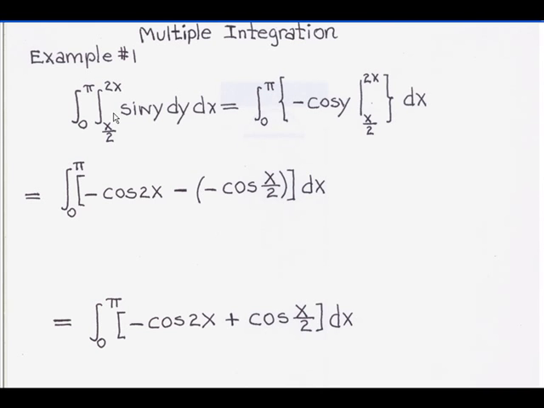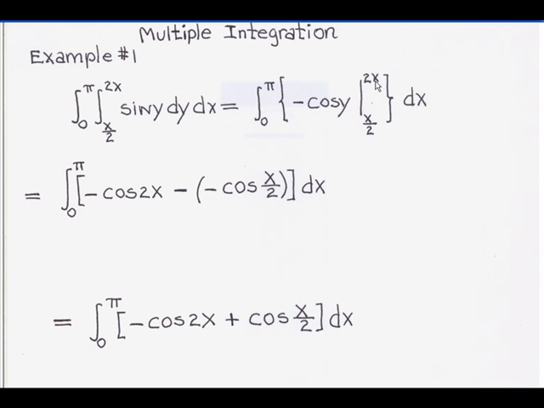to pi. Now taking the integral of the inner integral, we know that the integral of the sine of y is minus cosine of y, and y was bounded by the upper function 2x and the lower function x divided by 2. Now we apply the theorem of taking the integrals here, f of b minus f of a.